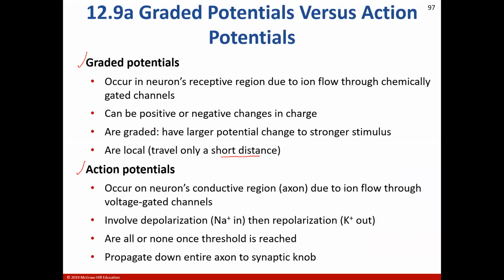They can be positive or negative, which means it could be inhibitory, IPSP, or excitatory, EPSP. And of course, they're graded. There can be many graded potentials or one consistent neuron firing the stimulus over and over. So they could take longer, but they travel a shorter distance. That's basically a breakdown of graded.